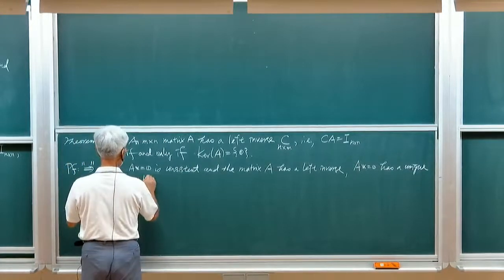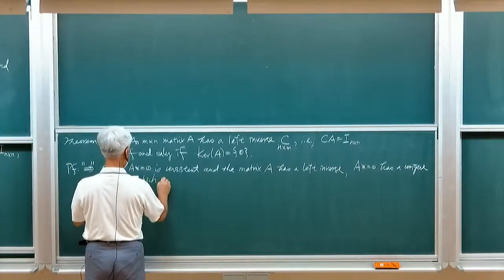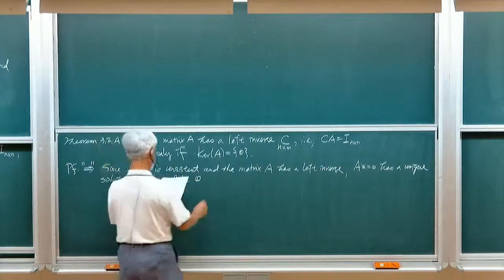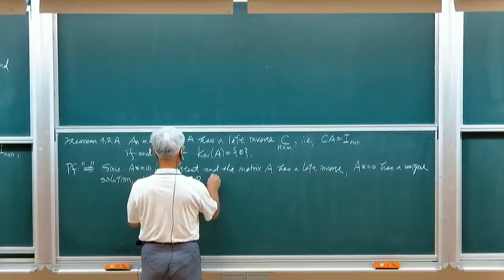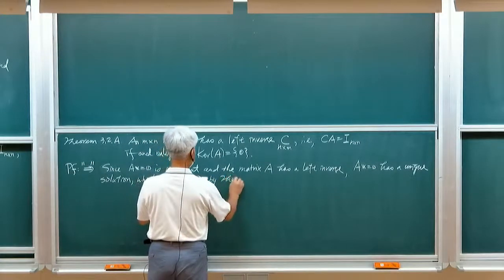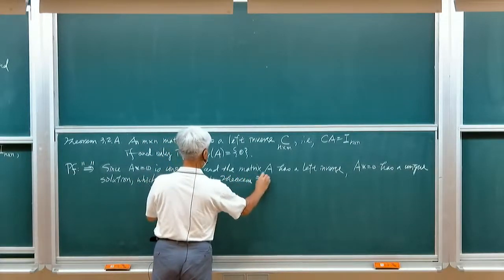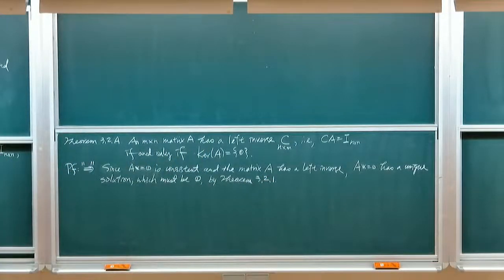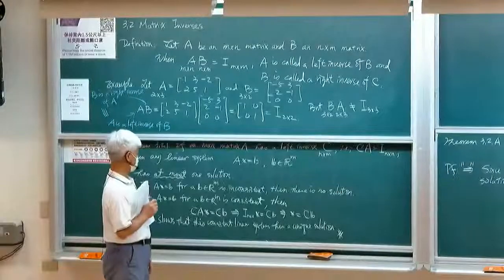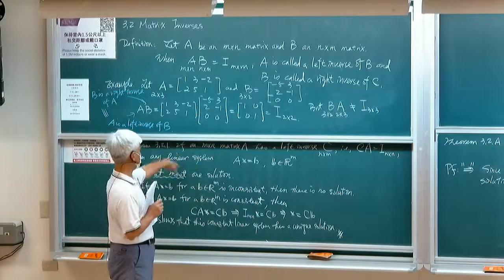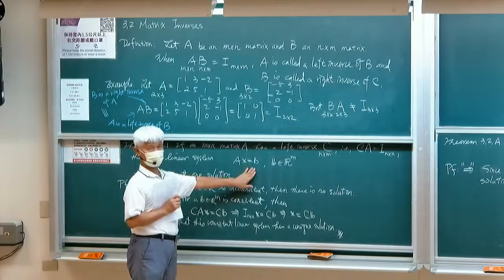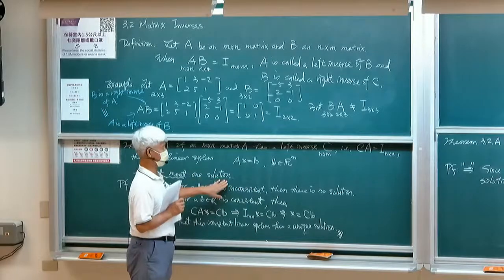All right, and this unique solution must be the zero vector by Theorem 3.2.1. The theorem says that if the coefficient matrix A has a left inverse, then any such linear system has at most one solution.